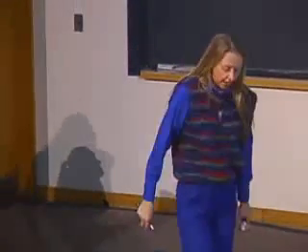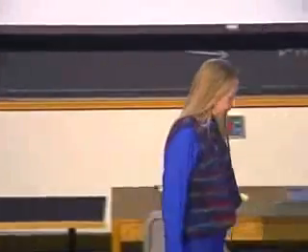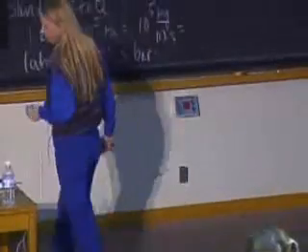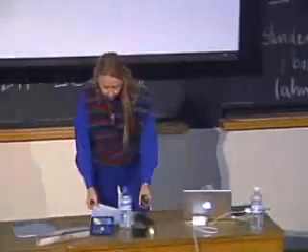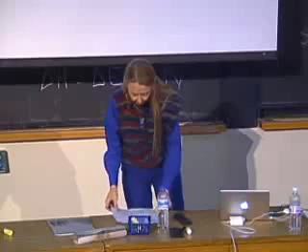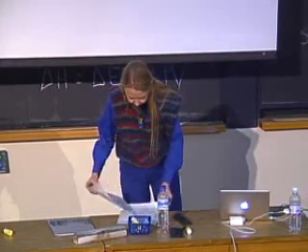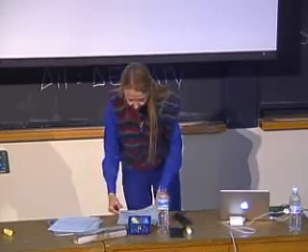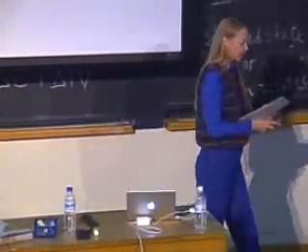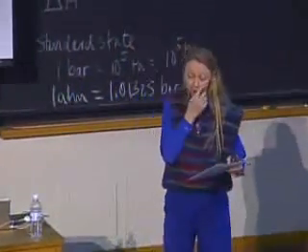Okay, so that takes care of enthalpies for the moment. And what I want to talk about is another concept. I want to talk about spontaneity. And spontaneity, or spontaneous change, is certainly something that you're familiar with.